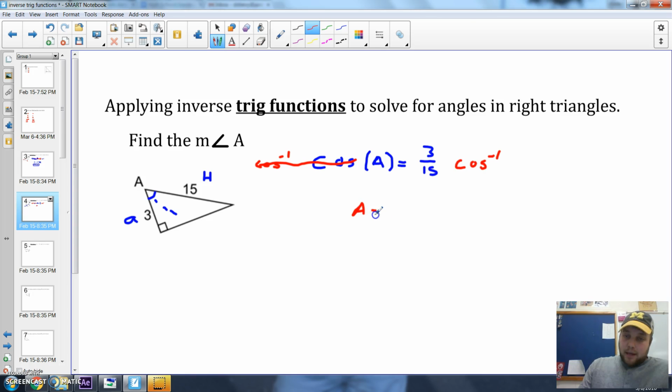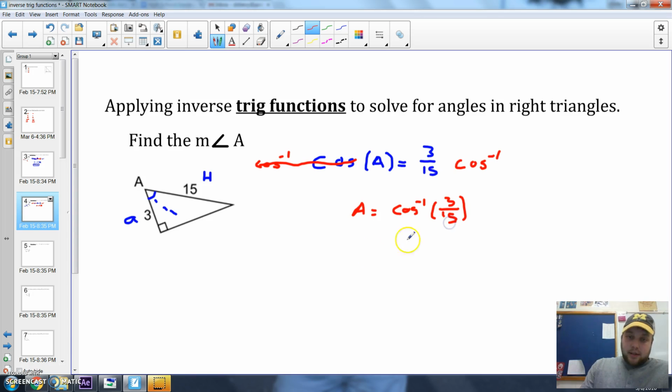It's like Batman v Superman. And so I'm going to go cos inverse of 3 divided by 15. That'll be my answer. It is that easy, guys.